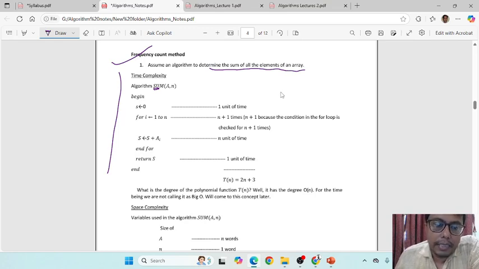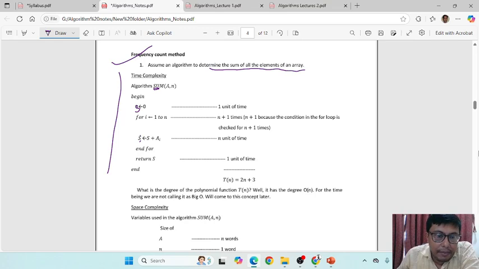For i taking the value from 1 to n, what we are doing is, this S, which will be a capital letter S, will be adding the element which is present in the list A with itself. Initially, the value present in S is 0.